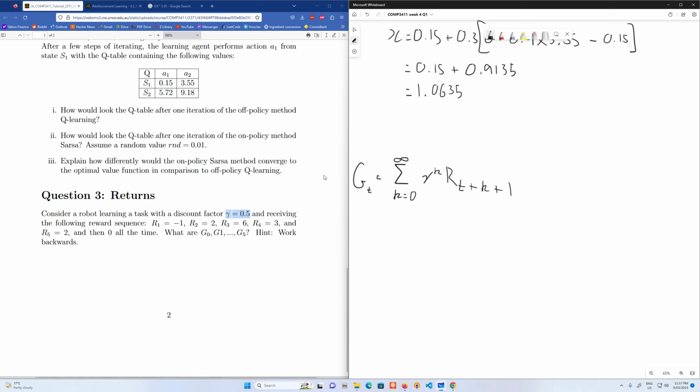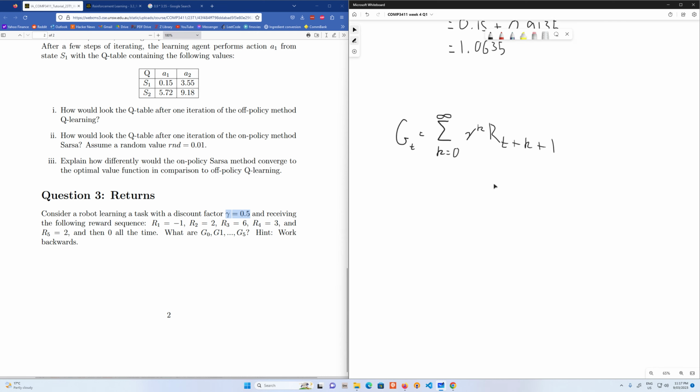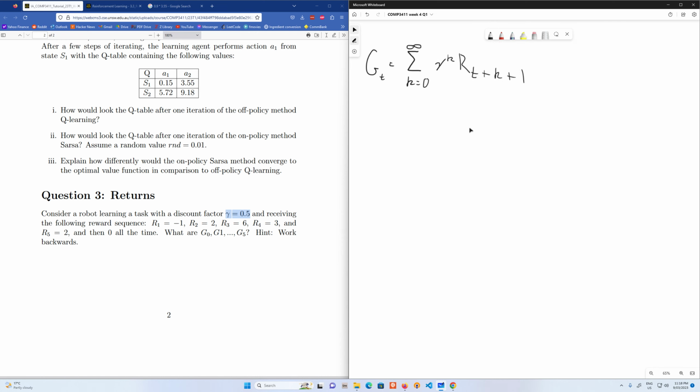So whenever we need to calculate the discounted return for a specific G at a time step t, we can just plug it into this equation.